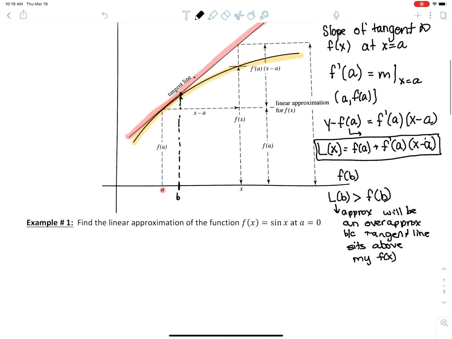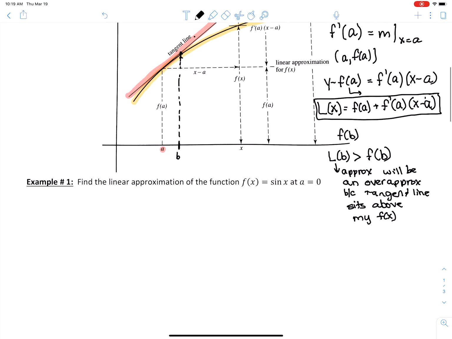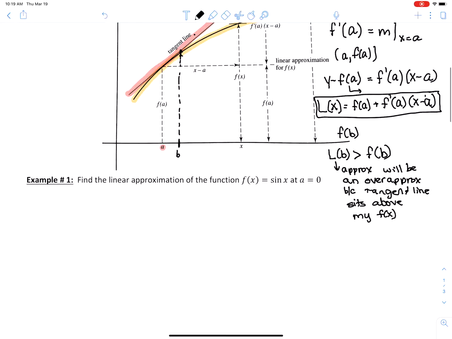Okay, so let's look at the first example. I want to find the linear approximation. This is just the slope of the tangent line to the curve at the given point. A is 0 in this case. So f of 0 plus f prime of 0, x minus 0. So f of 0 is just sine of 0, which is 0, plus f prime of 0.